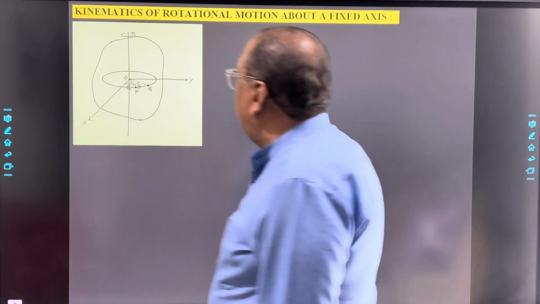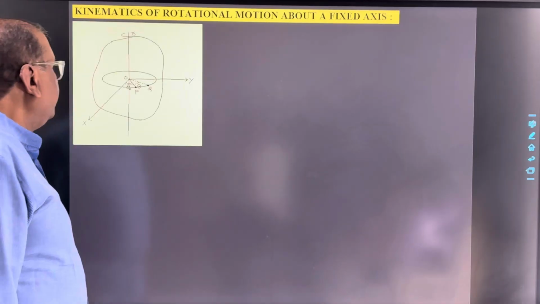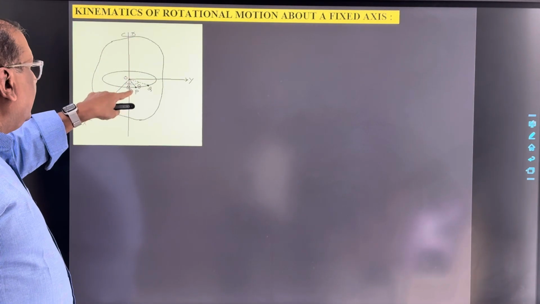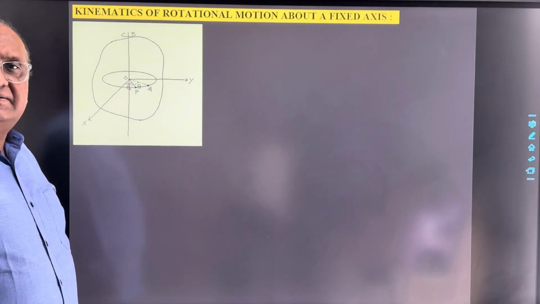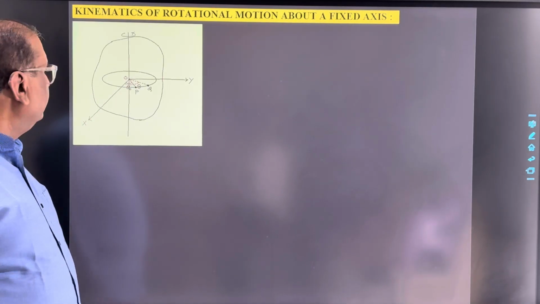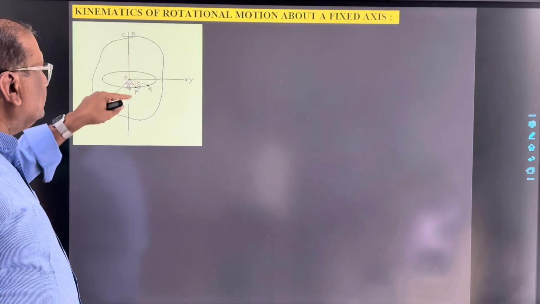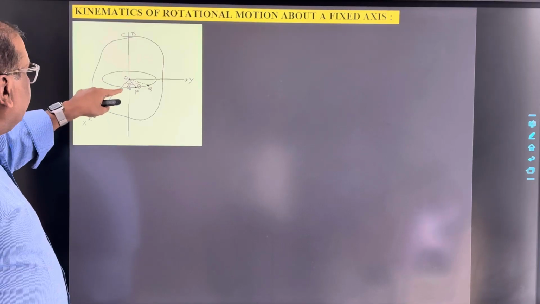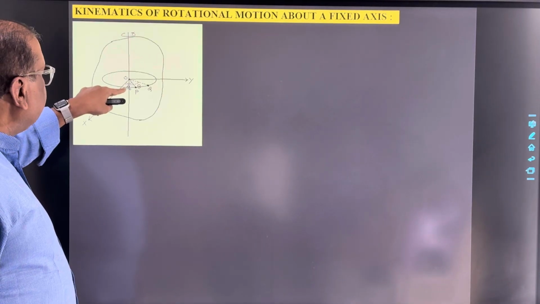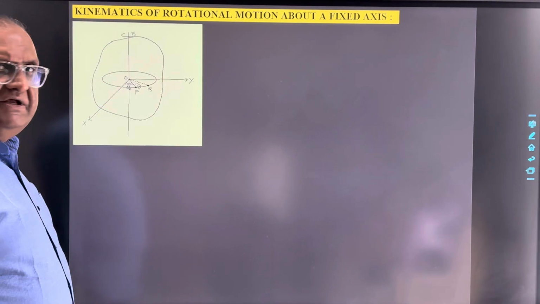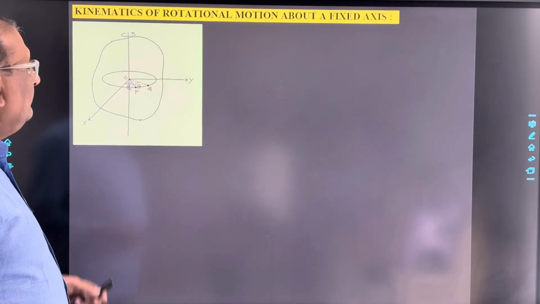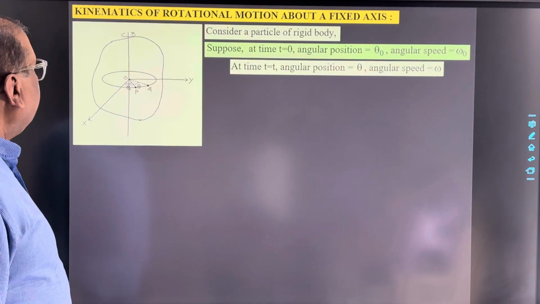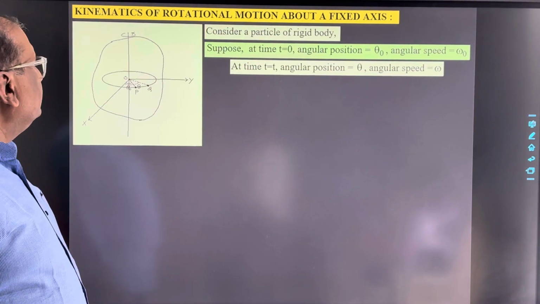Suppose at a particular instant, time t equal to 0, we consider the position of the particle at P. With respect to the x-axis as the reference axis, its angular position is theta 0, and its angular speed is omega 0.